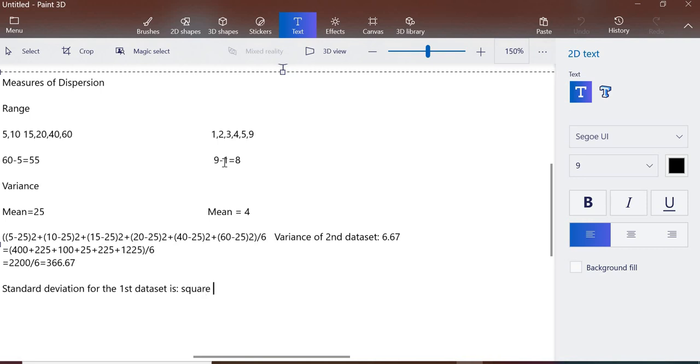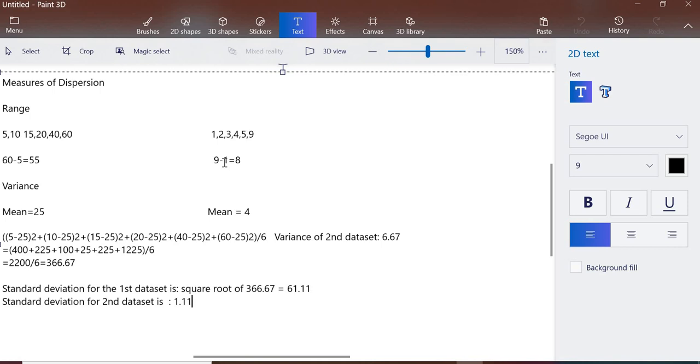So the square root of 366.67 comes out to be 19.15. Similarly, the standard deviation for the second data set is the square root of 0.67, which comes out to be 0.82.